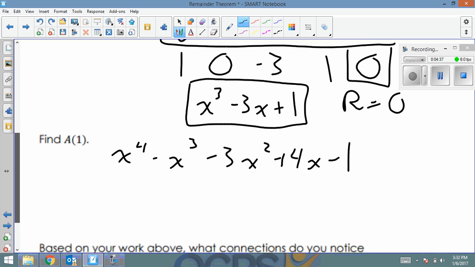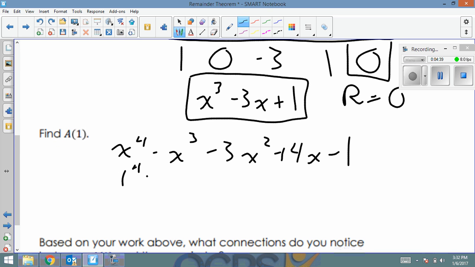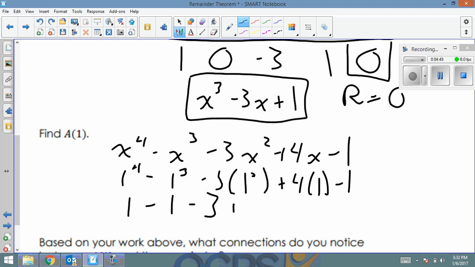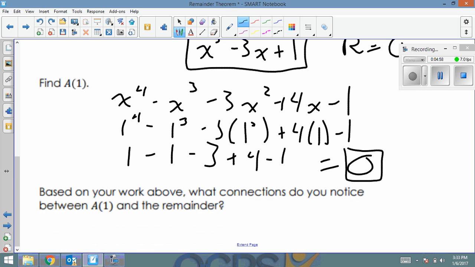Find a of 1, so it'd be 1 to the 4th minus 1 to the 3rd minus 3 times 1 squared plus 4 times 1 minus 1. So it's 1 minus 1 minus 3 plus 4 minus 1. And what we end up getting is 0. So again, our conclusion is they are equal.